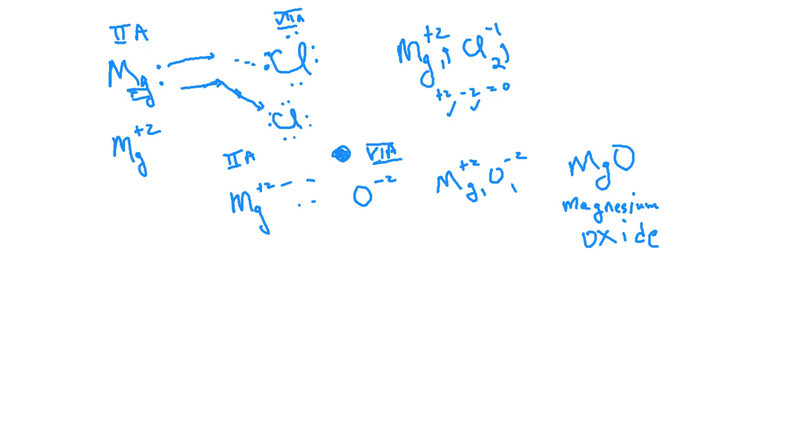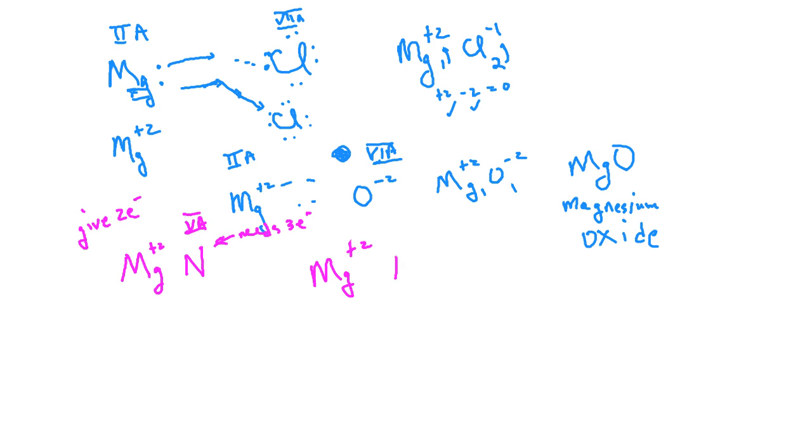If I took, I'm just going to stick with magnesium again for a second, Mg, and I wanted to put it with nitrogen. Well, nitrogen is in group 5A, right? So this needs 3 electrons. And this is +2, right? This is going to give 2 electrons. And nitrogen says, no, no, no, I need 3 electrons.